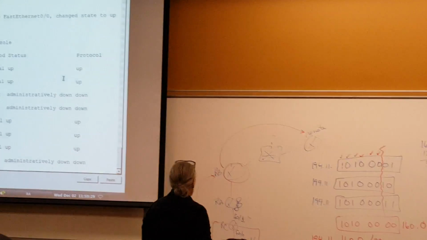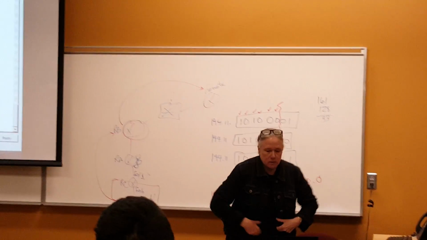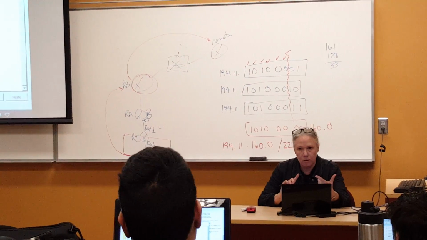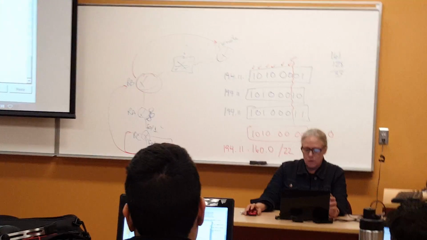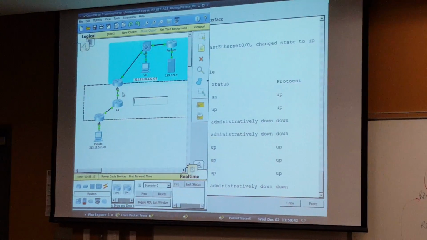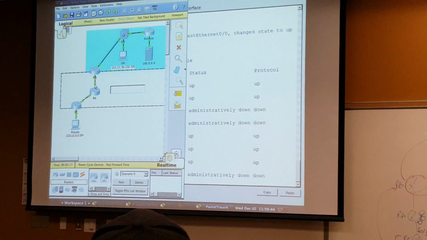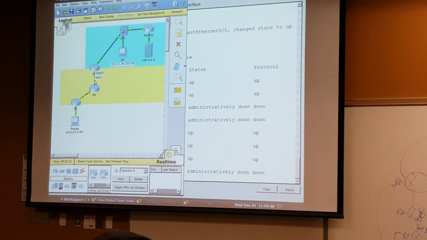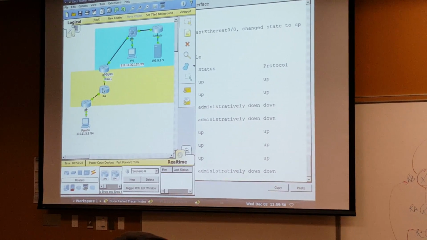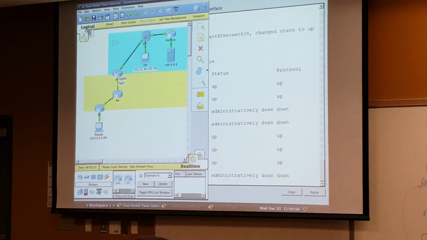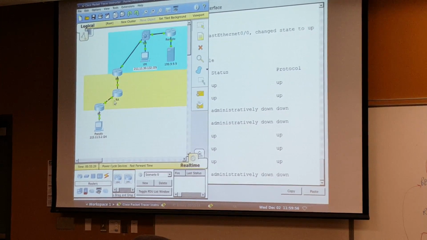So, if we were doing EIGRP, gotta look at the diagram for a second. Here's router A. Do something for me. So, with EIGRP, you would advertise the supernet on router A because it's router A that's connected to all of those networks.